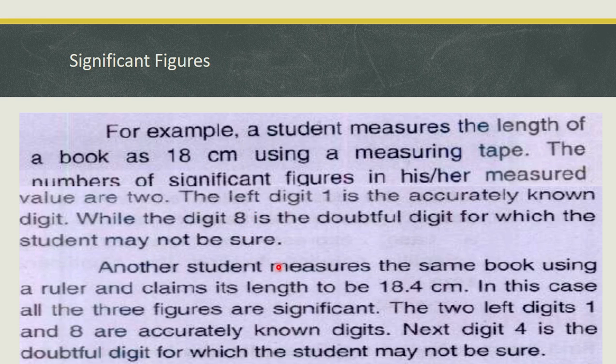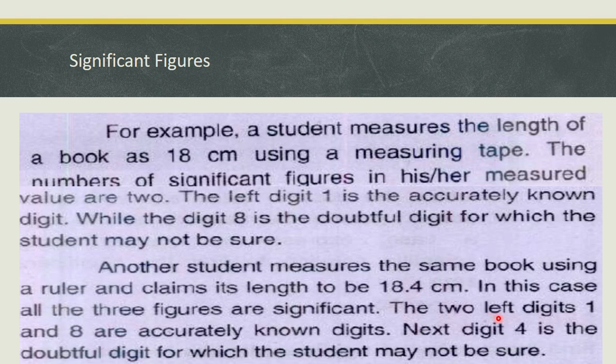Now another student measures the same book using a ruler, and claims its length to be 18.4 centimeter. In this case, there are three significant figures. Why three? Because 1 and 8 are accurately known digits, and the 4 is the doubtful digit. This instrument can measure up to 1/10 of a centimeter, which is why we can say 18.4 is correct, because 0.4 is 1/10 of a centimeter.